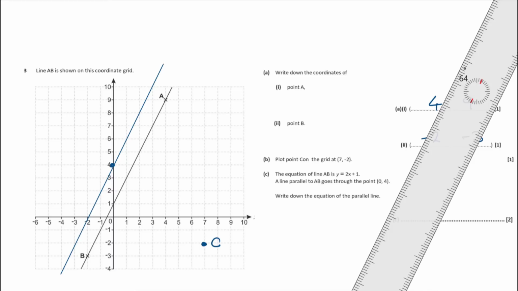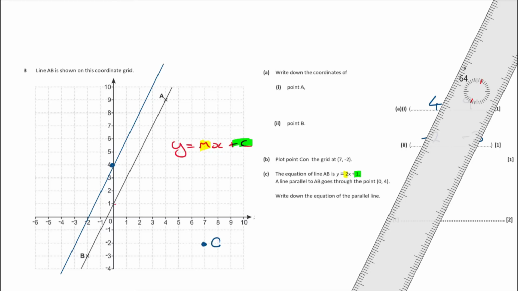Well, the equation of a straight line can be written in the form y equals mx plus c. For the original line, m is the gradient, and the gradient is 2. So that's where the 2 goes in there. And the y-intercept of my line is c. You can see that this line has a gradient of 2.